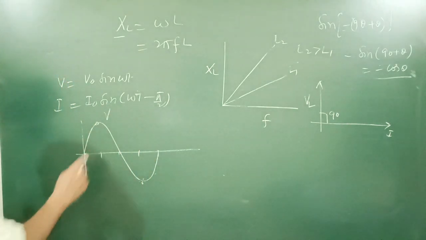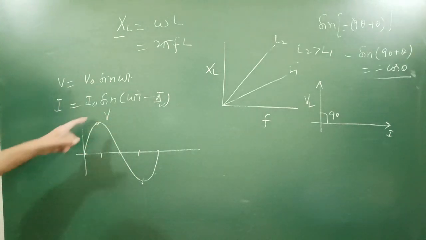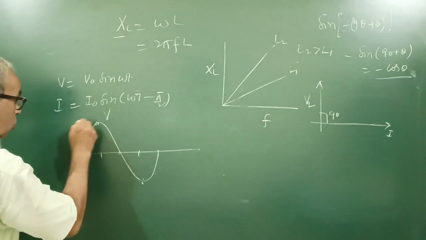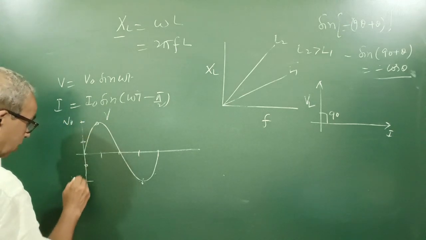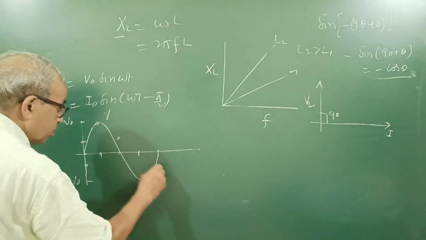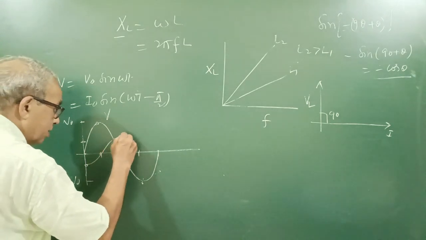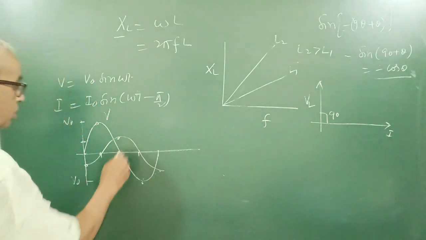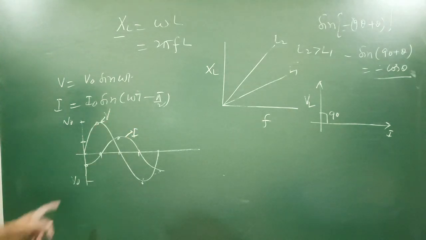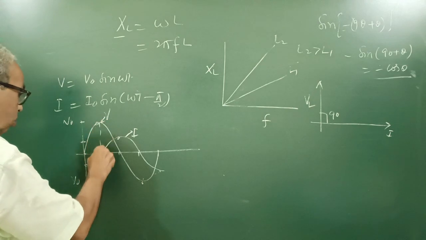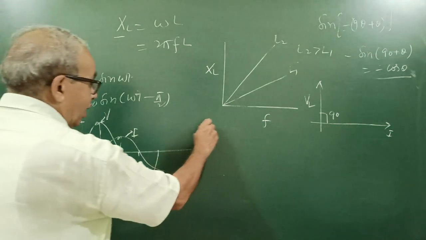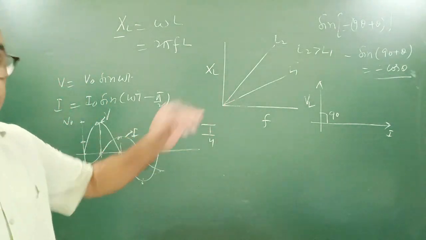V के लिए I, T equal to 0, sin minus pi/2 यानी कि माइनस I0. मान लो I0 यहाँ तक तो ये V0 यहाँ है, माइनस V0 यहाँ है, तो इट कम लाइक दिस. Current graph will be like this. This is for I, this is for V. There is a time lag of T/4 between current maximum and voltage maximum. Time lag T/4. Phase difference 90 degree.